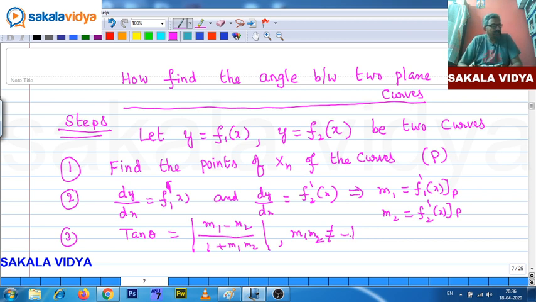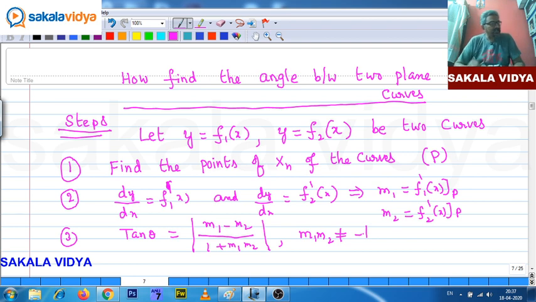So, in this way we can find out the angle between the two plane curves. The formula we need to use: tan theta is equal to mod of (m1 minus m2) by (1 plus m1 m2), where m1 into m2 does not equal minus 1.